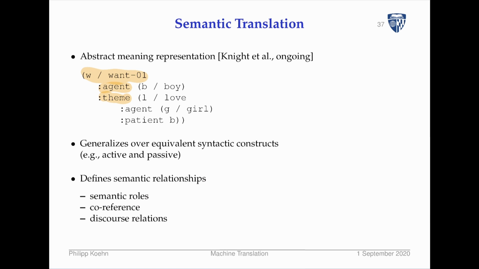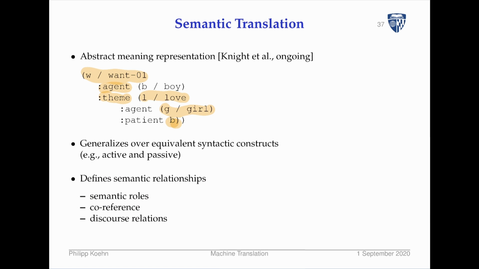So here the object is actually another verb. So what the boy wants is an action, and the action is a love action. So he wants some love action, and that also has an agent. So who is doing the loving is the girl, and who is here the object, now called patient, is the boy.